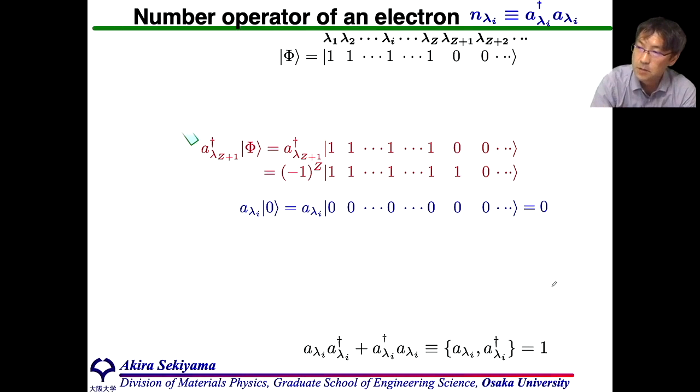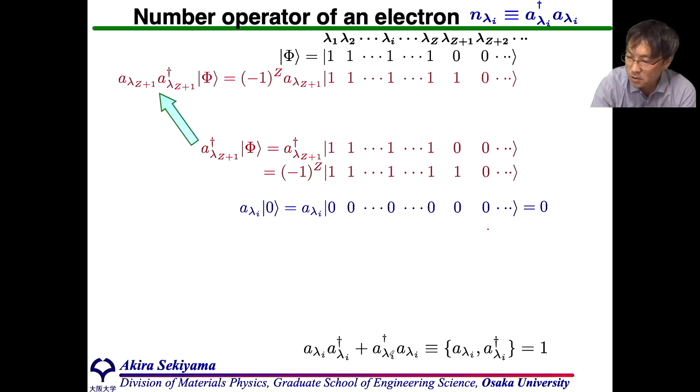Then we consider another rule. This is for the occupied state. Then we consider the operation for the unoccupied state. So now we consider this state, the one electron from state phi, the additional electron is going into the empty state, lambda z plus 1. Then we get this result.